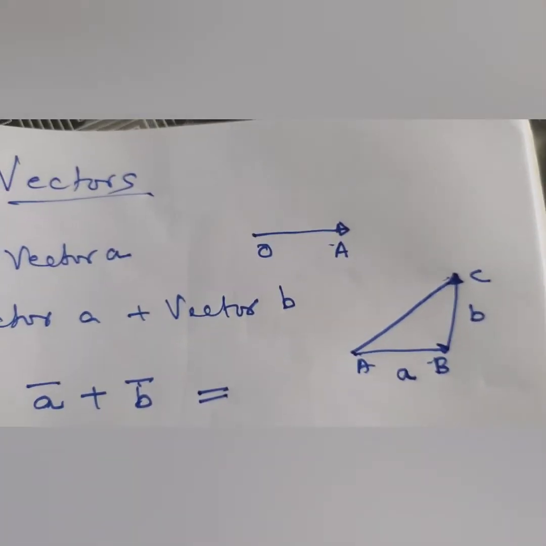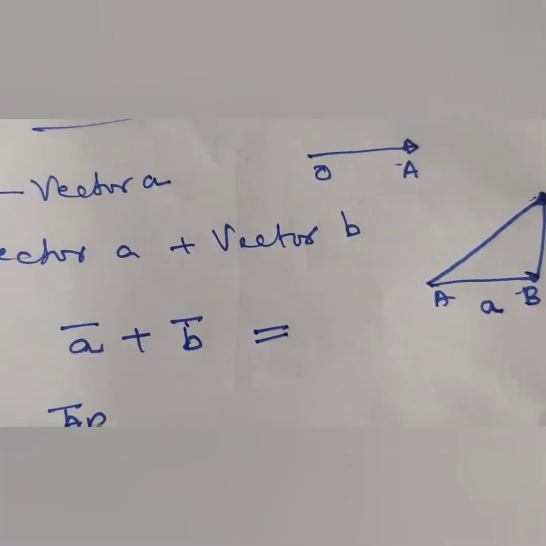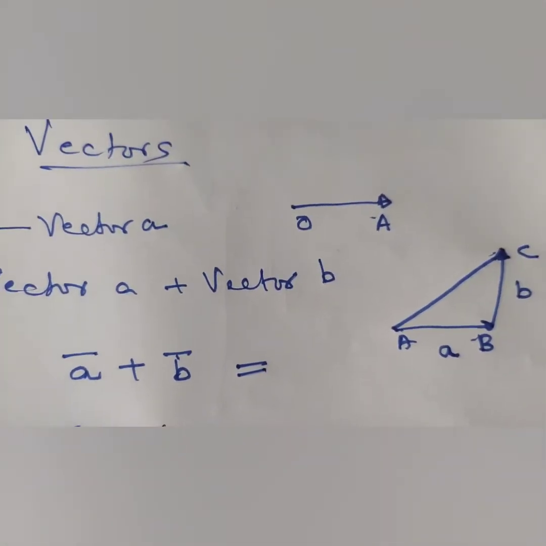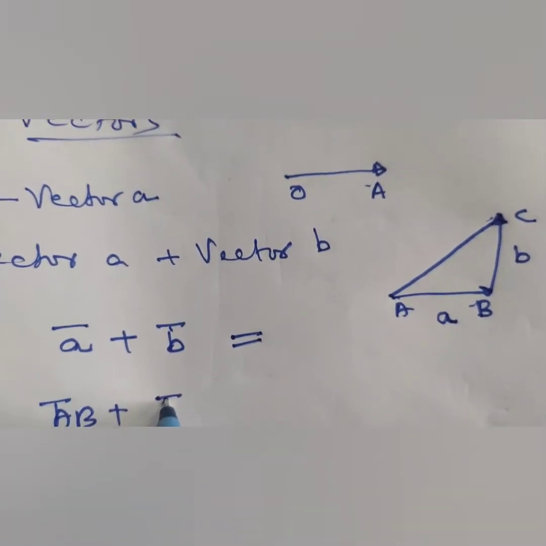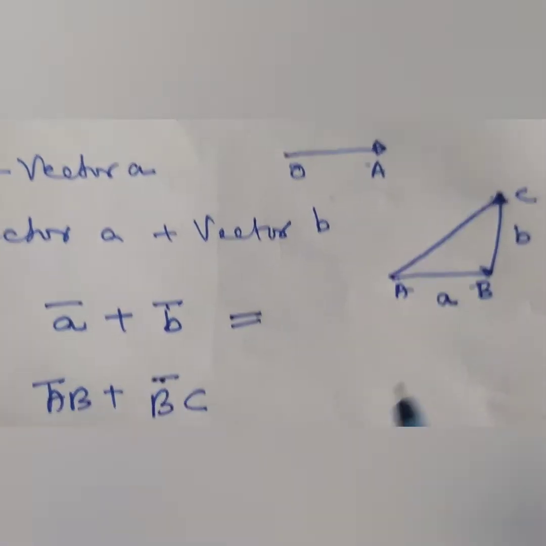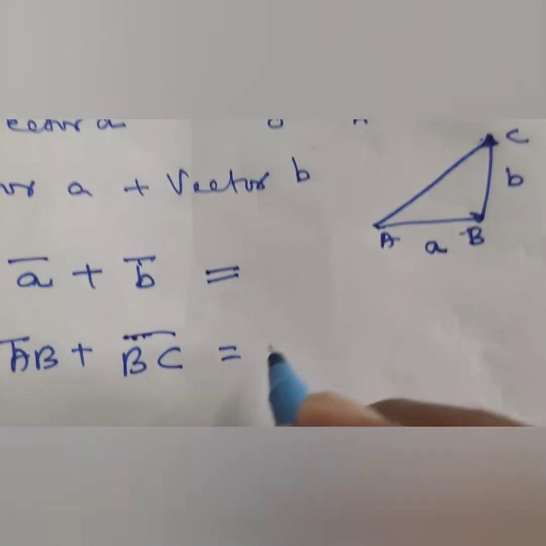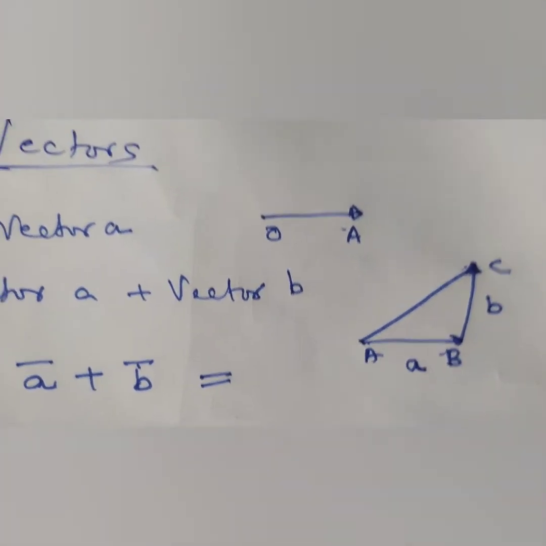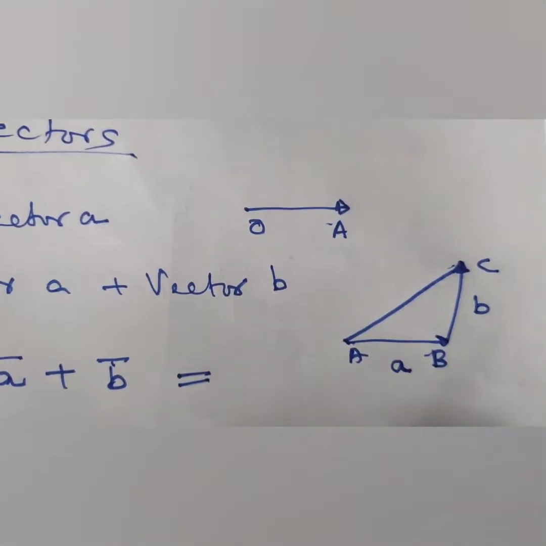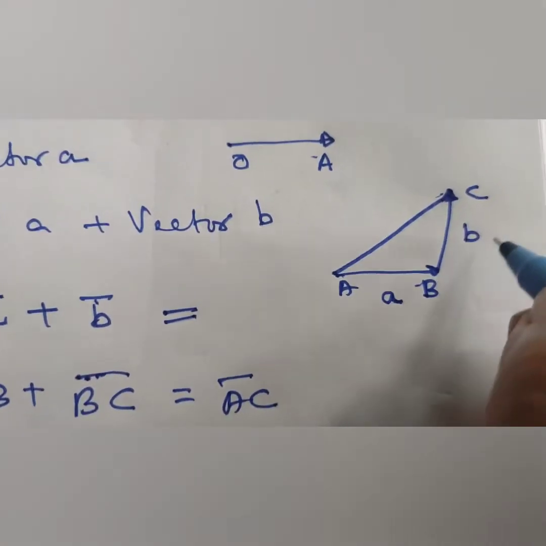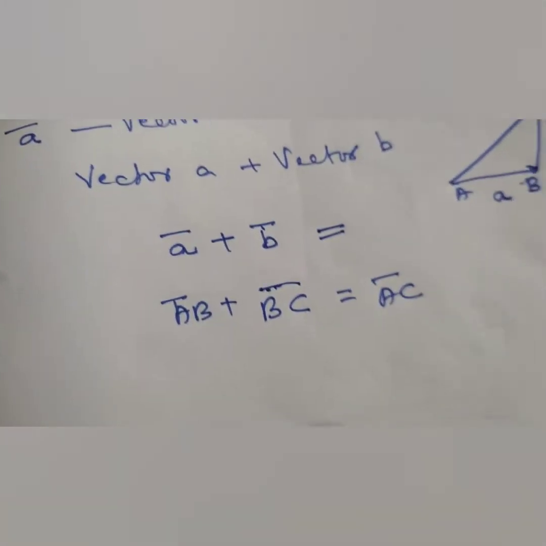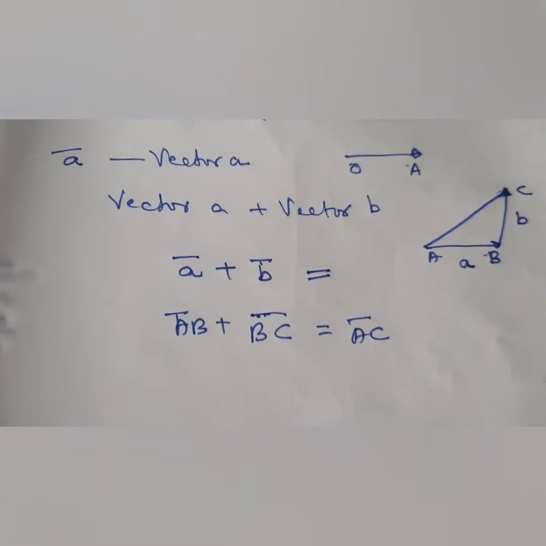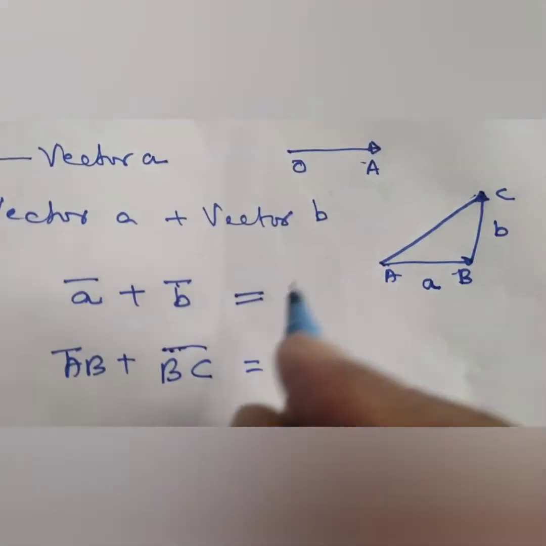So vector AB plus vector BC is equal to vector AC. So like this you can add vectors. Subtraction we can also do the same way.